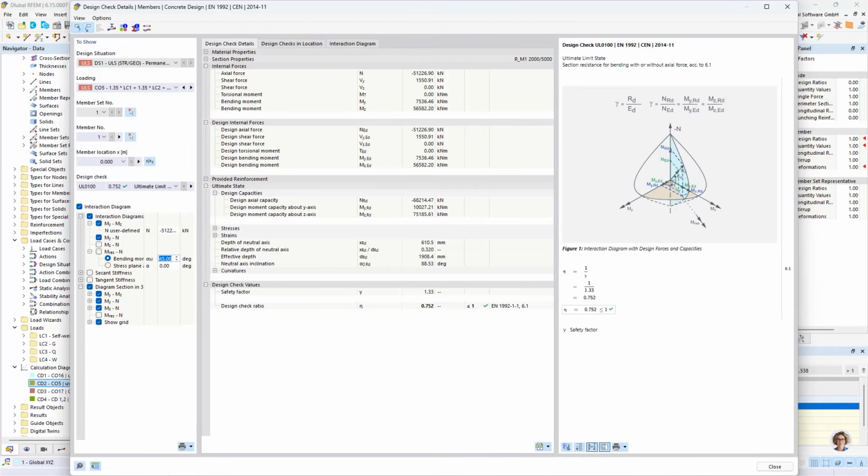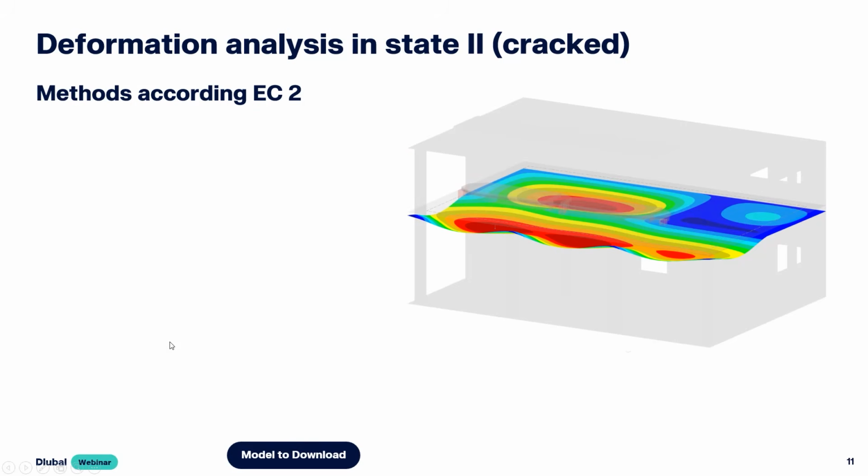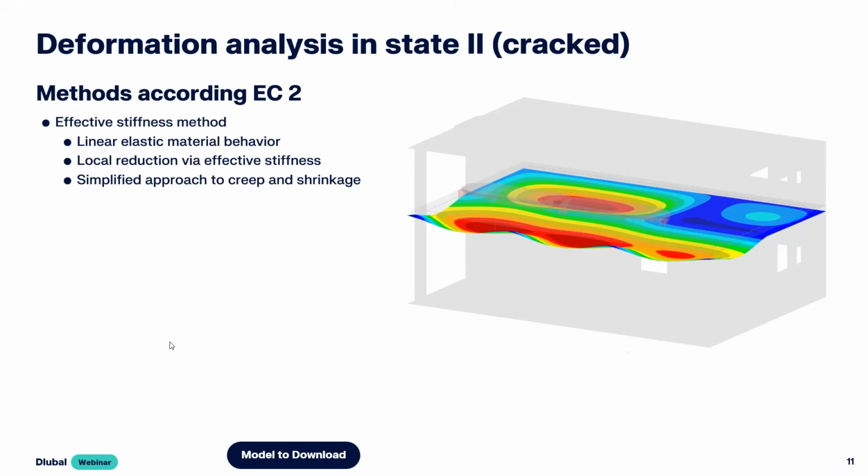So go back to our presentation and to the next example. Therefore, I will do a deformation analysis in the cracked state. We have also implemented the effective stiffness method within the concrete design add-on.